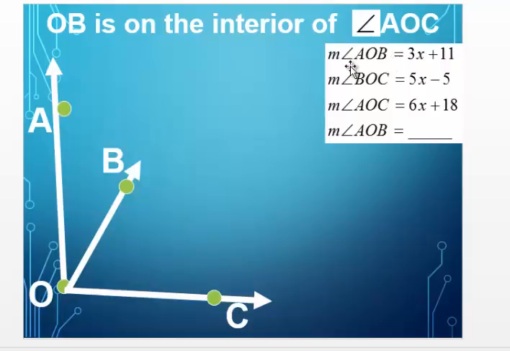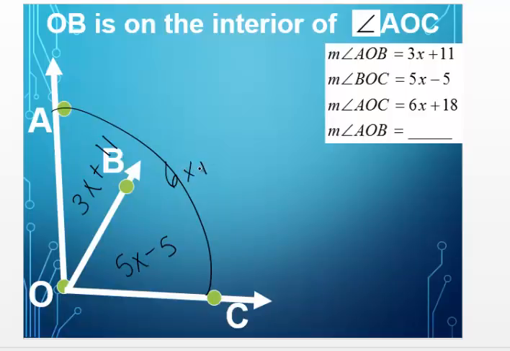If I have the AOB is 3x plus 11, and I know that BOC is 5x minus 5, and I know the entire thing is 6x plus 18, I can write an equation to solve for x. I could say the little angle 3x plus 11 plus the other little angle 5x minus 5 is equal to the big angle 6x plus 18.